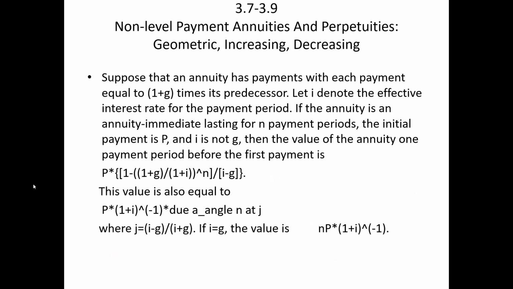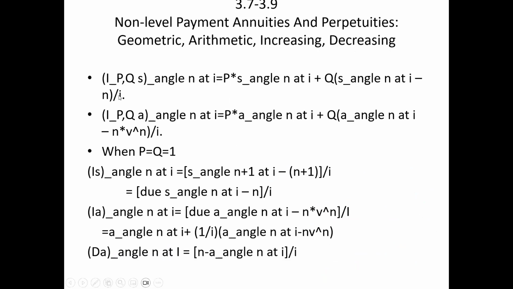The next slide has a lot of formulas for arithmetic progression. Let me draw the timeline to make the situation a bit clearer. So time 0, time 1, time 2, and time n.